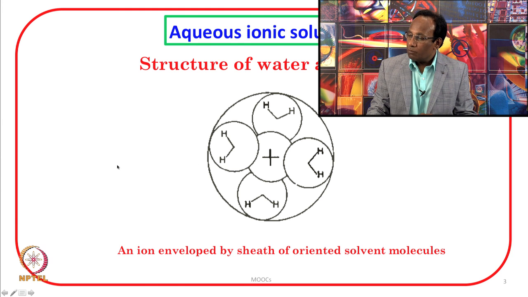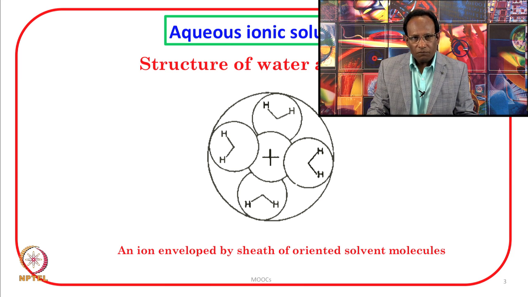Wherever this central ion moves in solution, these many water molecules will move along with the ion. Please carefully listen to the word that I said, that these many water molecules will move along with the central ion.